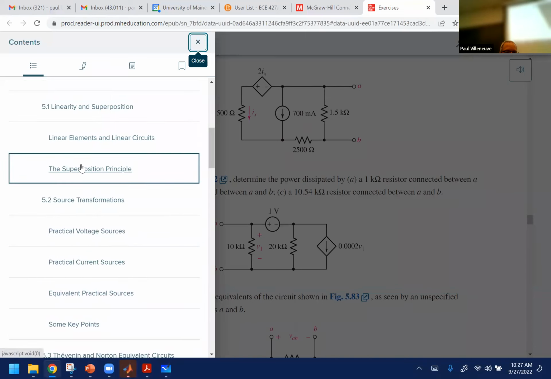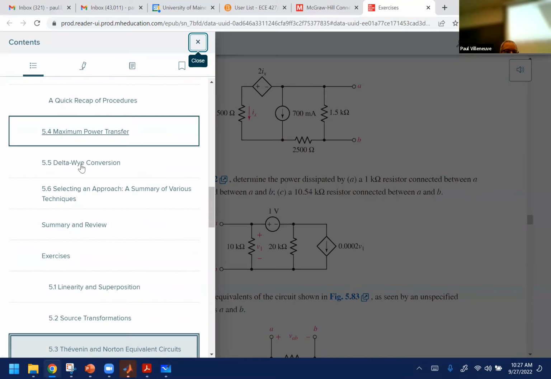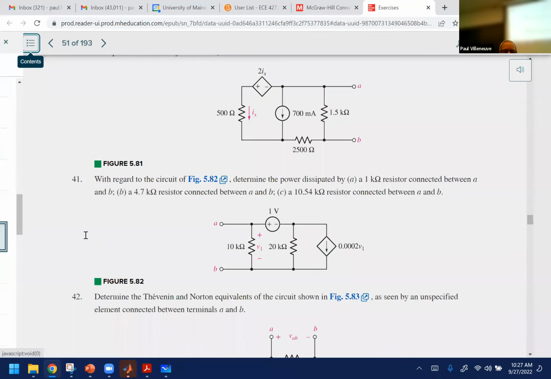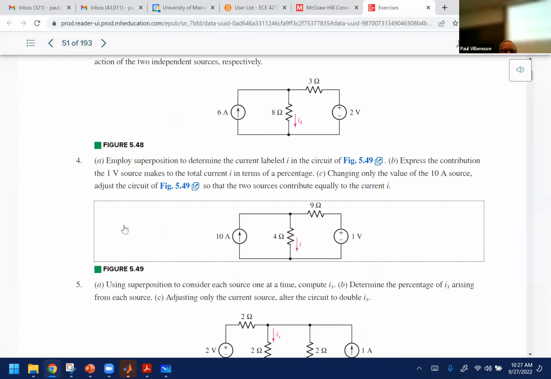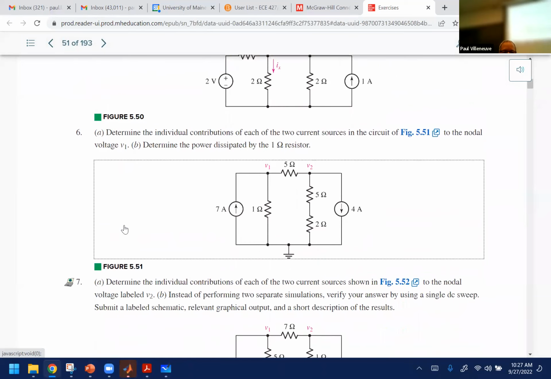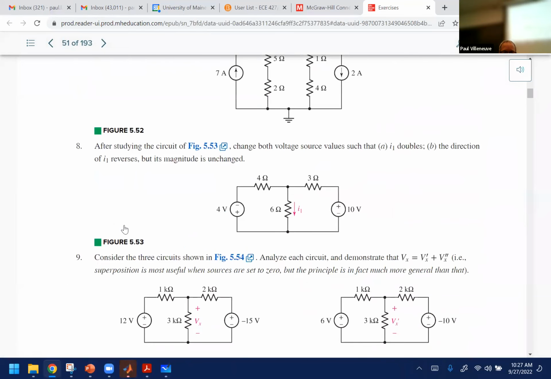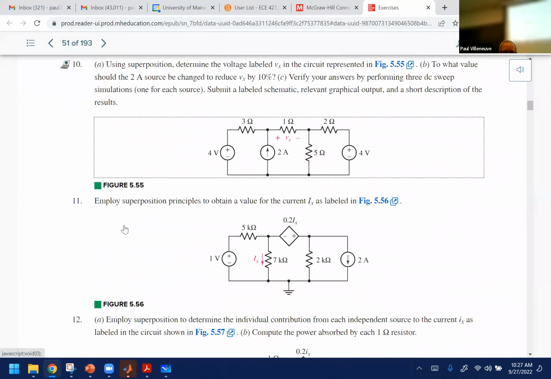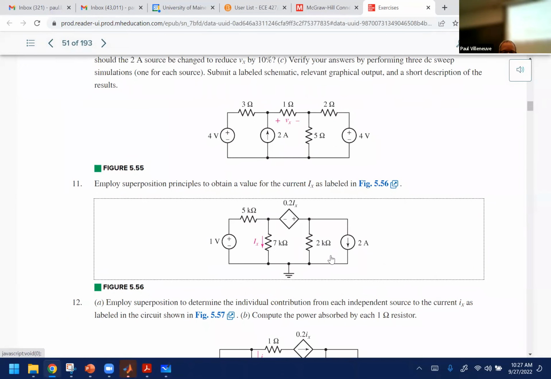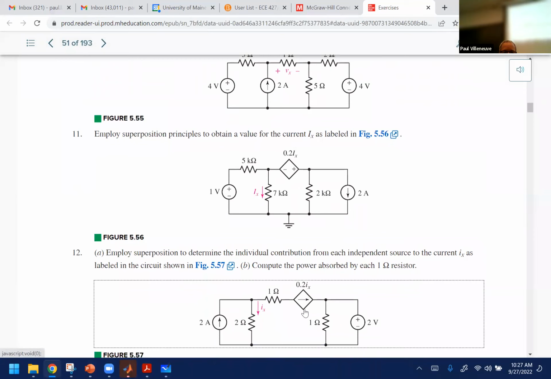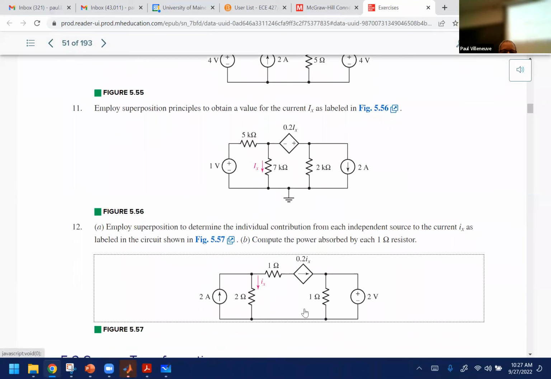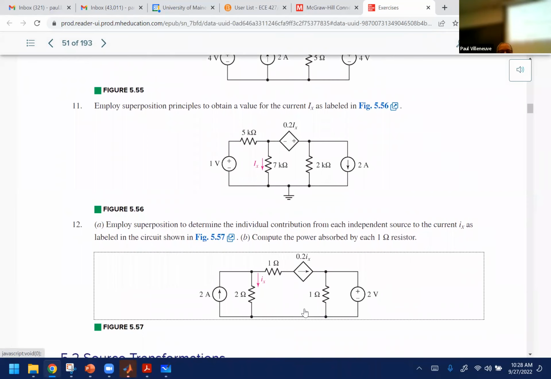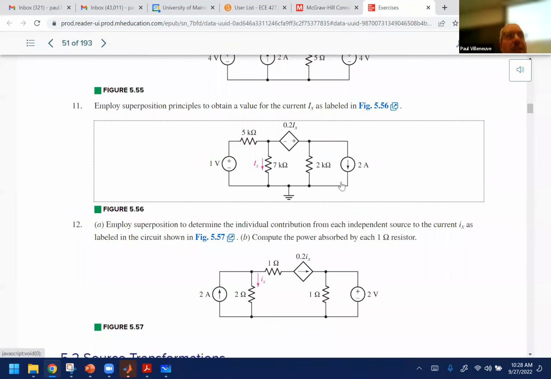So the superposition principle, that's 5.1 exercises. And we want one with dependent sources, is that correct? I think one of these was one of the homework problems, so we want to do 12?